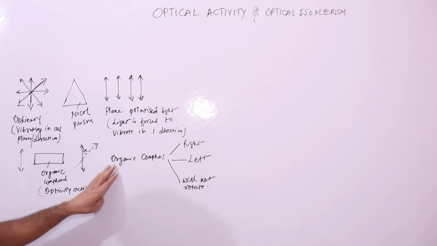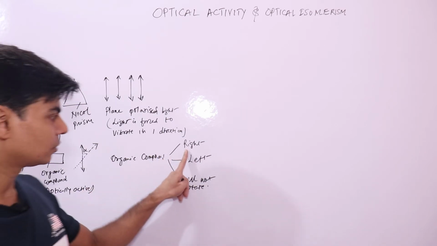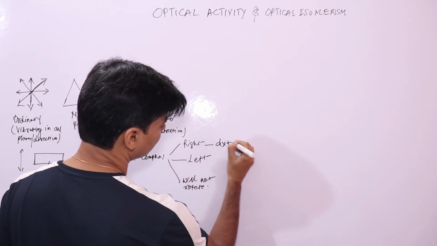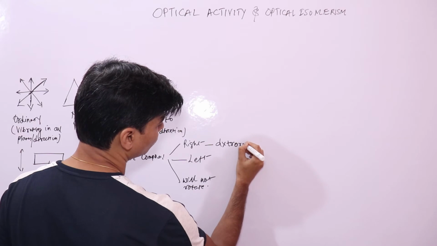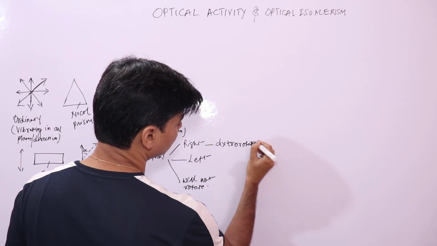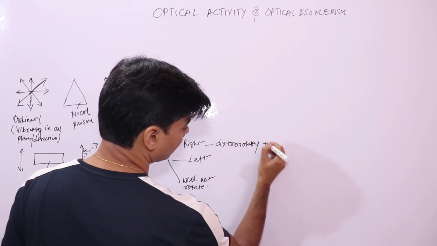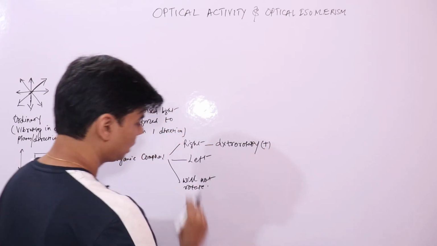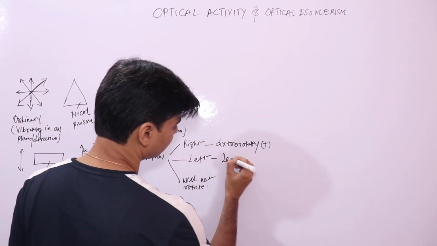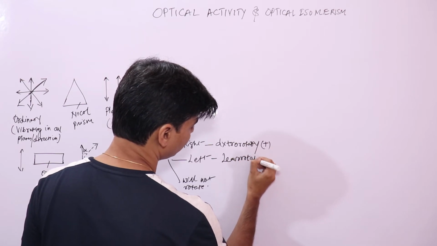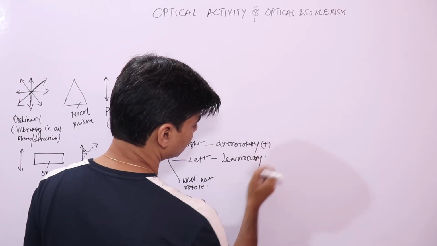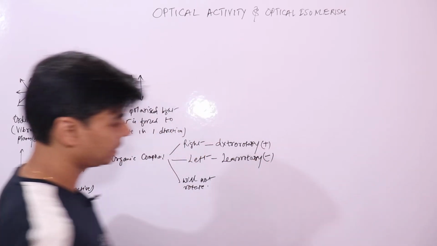So the compounds that will rotate the plane of polarized light towards right are dextrorotatory, right? And it is designated by plus sign. And the compounds that rotate the plane of polarized light towards left are levorotatory, and is represented by minus sign.